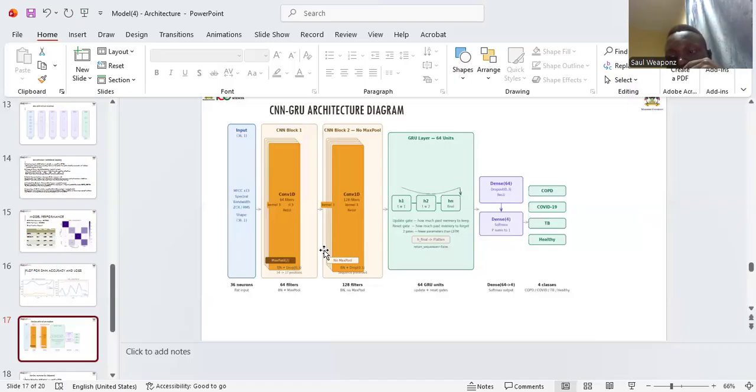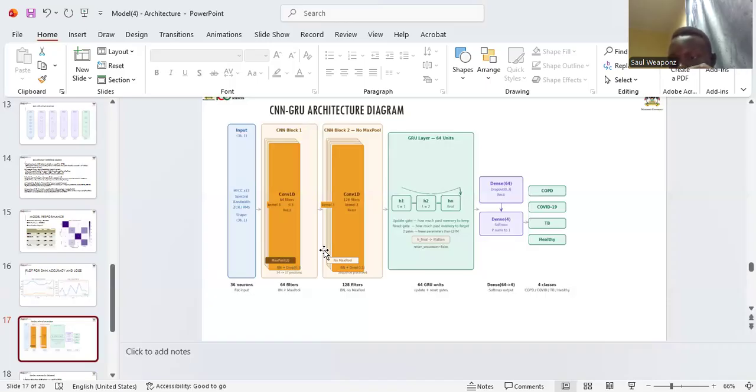At the GRU layers, we have only 2 gates, reduced from the 3 gates that were in LSTM. So 2 gates instead of 3. We have the update gate, which combines the forget and the input gate, and then the reset gate, which controls the past memory influence.